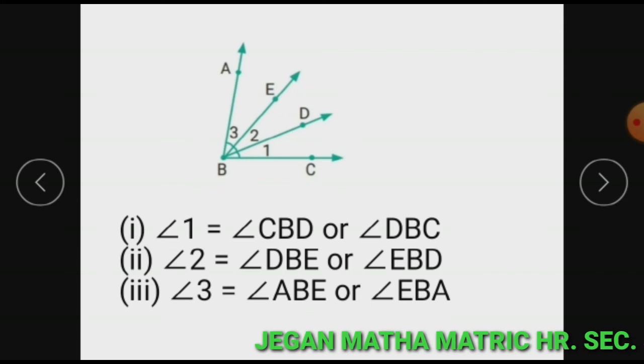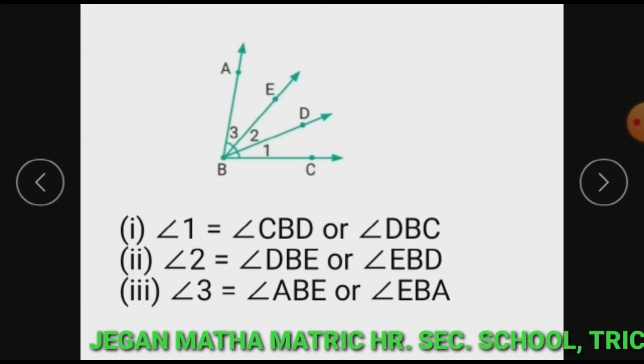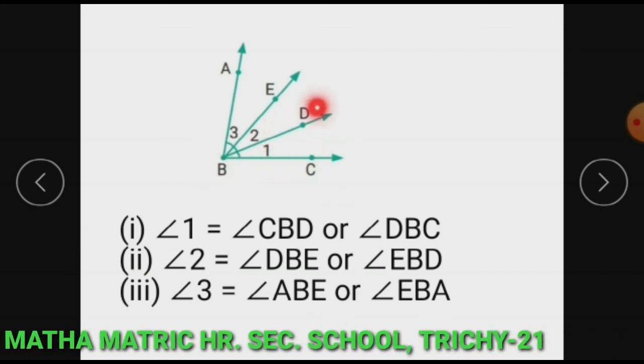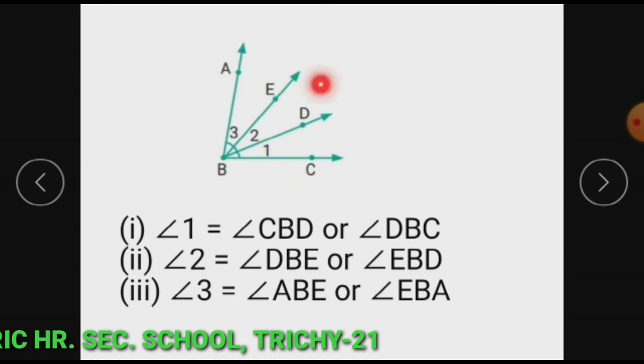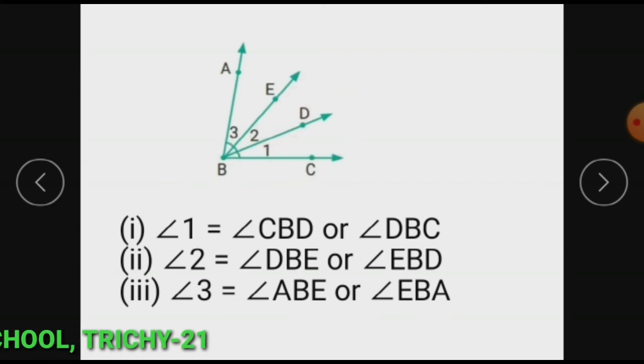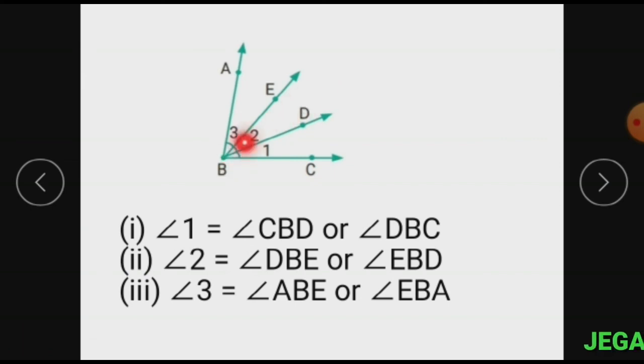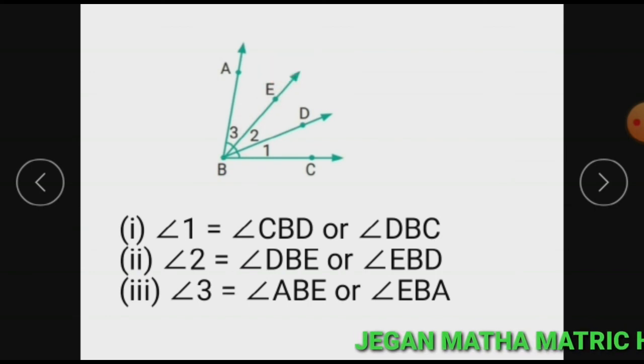Angle 1 is equal to angle CBD or angle DBC. Subdivision 2. Angle 2 is equal to angle DBE or angle EBD. Angle 3 is equal to angle ABE or angle EBA.